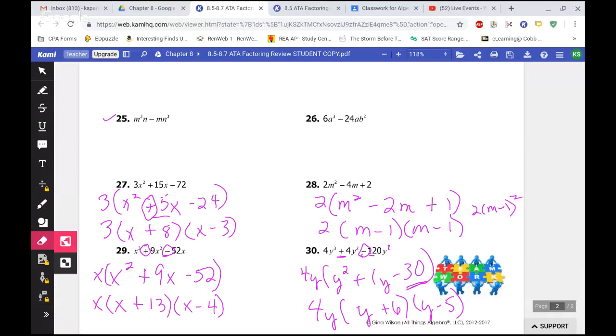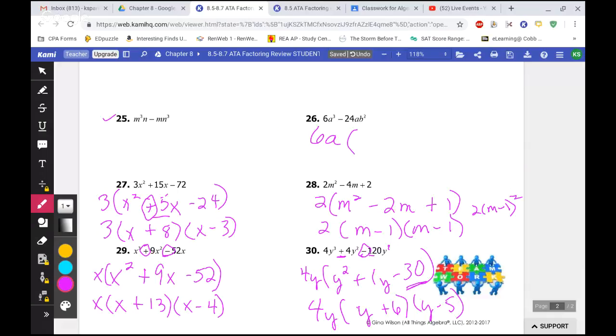So here I can factor out a 6 and an A, because I see a 6 in both terms and I see an A in both terms. You want to look for letters and numbers that could come out of each term.